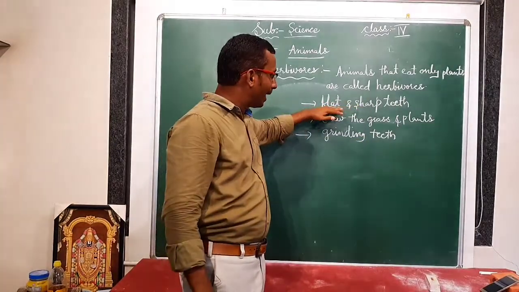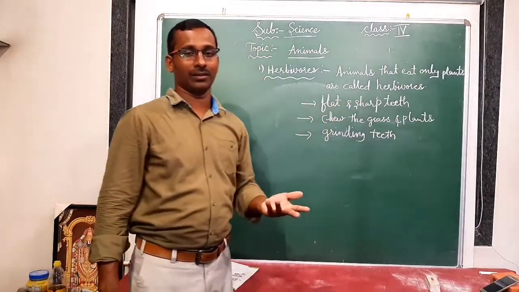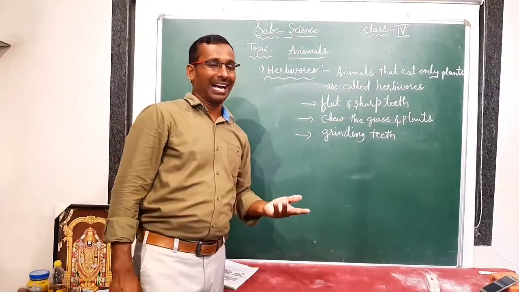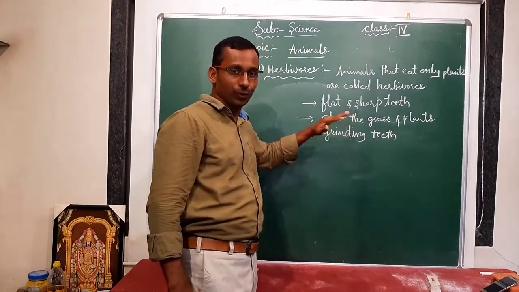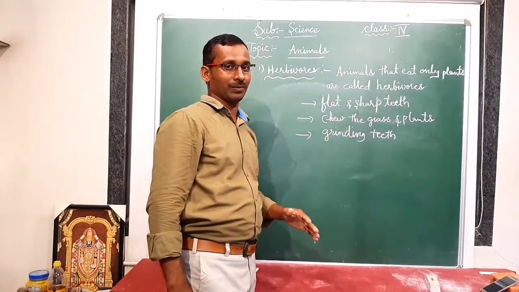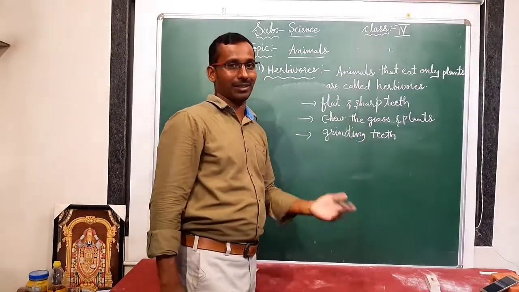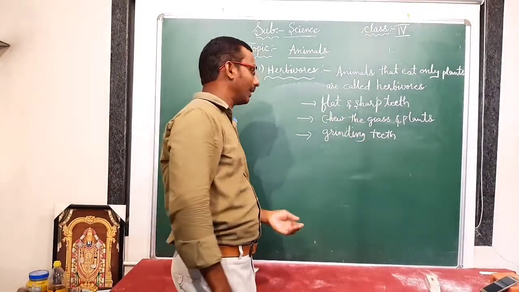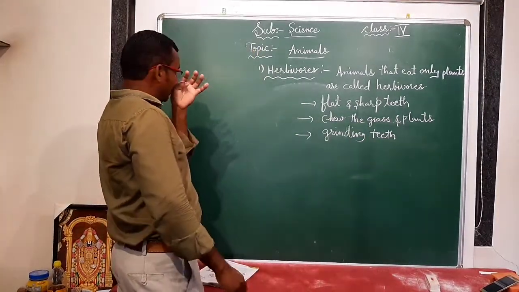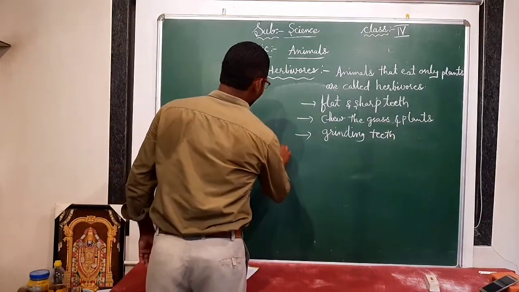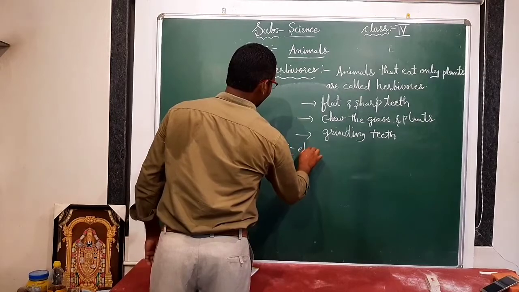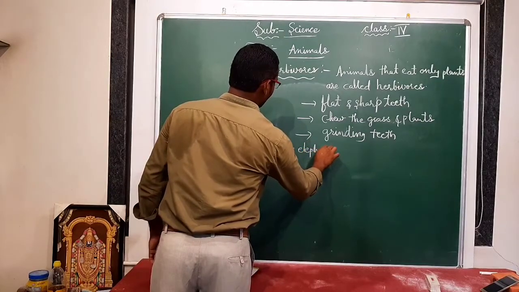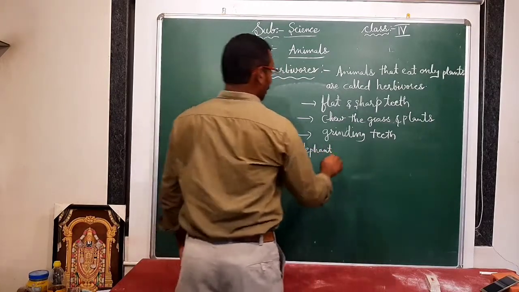With the help of flat and sharp teeth, they can cut grass and plants. After that, what will they do? With the help of grinding teeth, they can chew grass, plants or leaves. What are the examples? Here we are seeing examples of herbivores: elephant, cow.